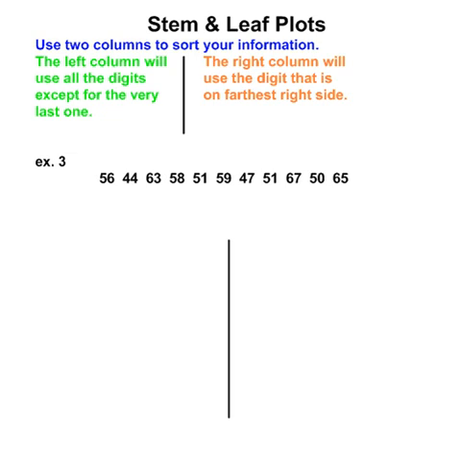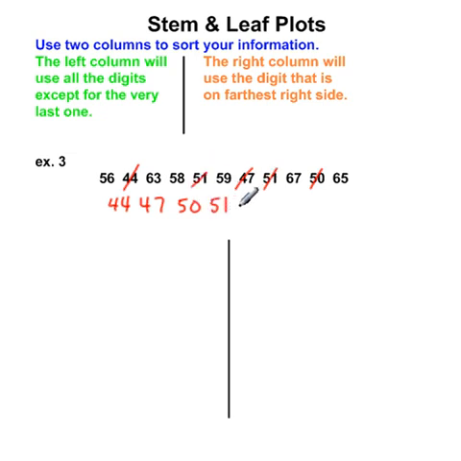In our example 3 here, we have a large data set, and it would be helpful if we were able to put these in order. So let's go ahead and do that. My smallest number is 44. And then we have a 47. And then we've got a 50. And a 51.